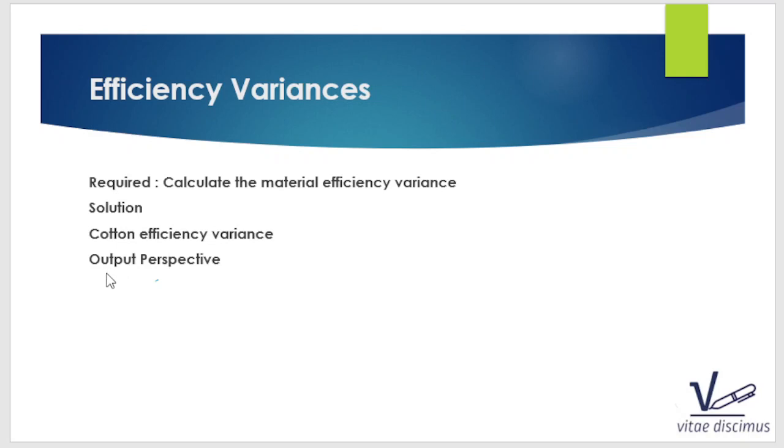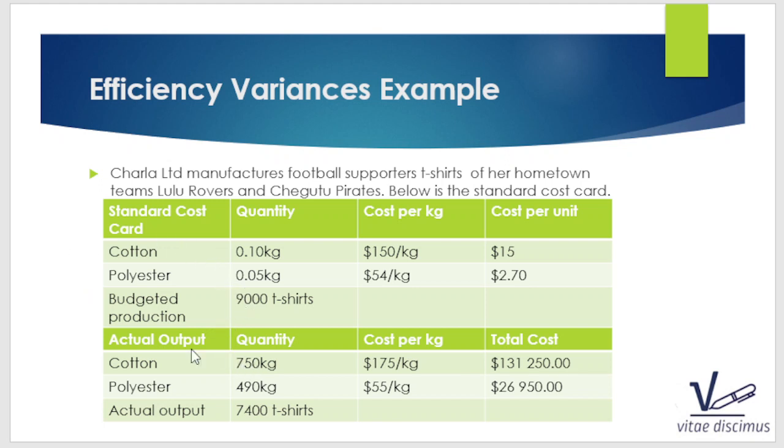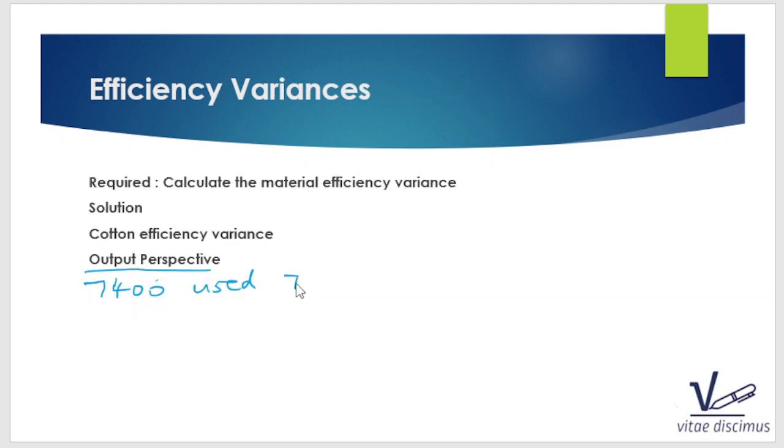We want to start from an output perspective to see that for that actual output of 7,400 t-shirts, how many kilos did they use? They used 750 kilograms to produce 7,400.